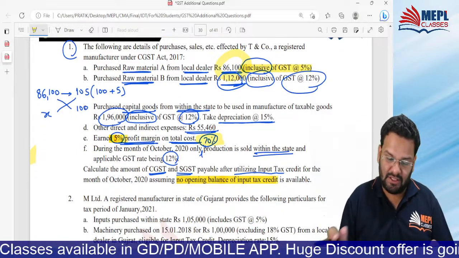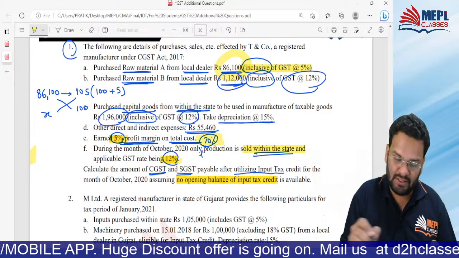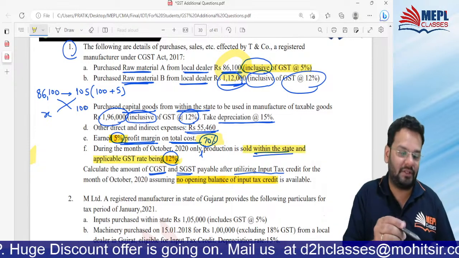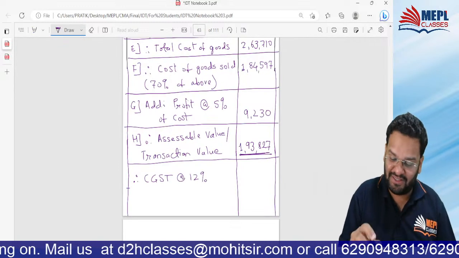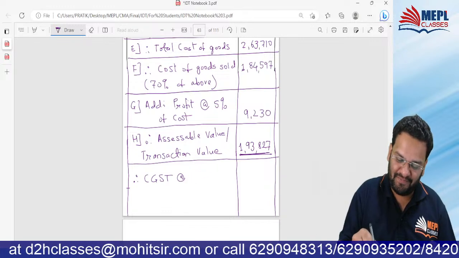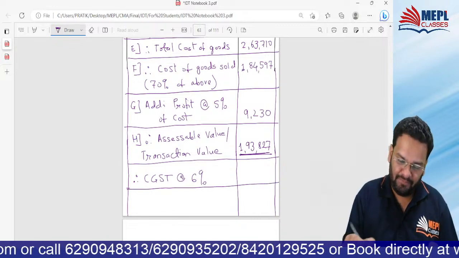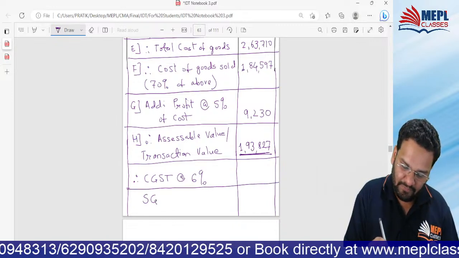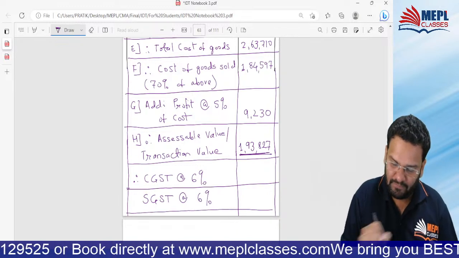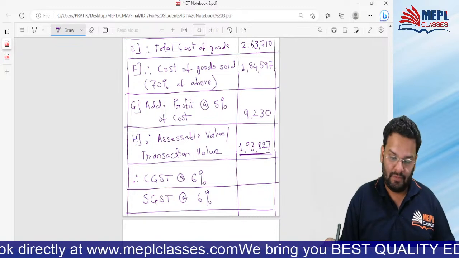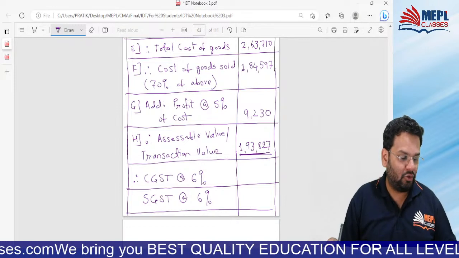On sales, the GST is at 12%. Can you check? Sold within state and applicable GST is at 12%. So CGST at 12%. Sorry, 6%. Because total GST is 12%. CGST at 6%. SGST at 6%. Please calculate it. 1,93,827 into 6%.